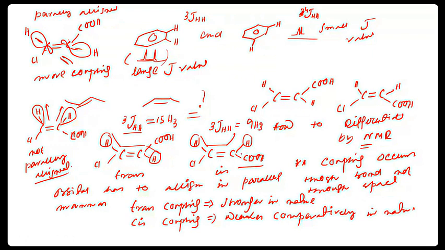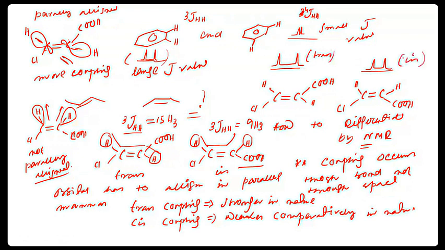So how to detect? In both cases, you have a doublet. Here also we have a doublet. The separation between these two peaks in the doublet will be more for the trans one, and this is for the cis one.